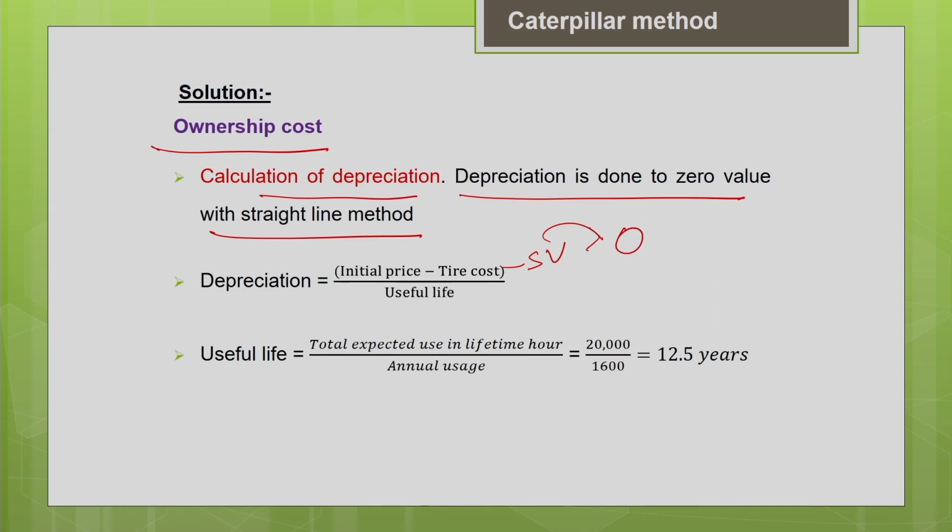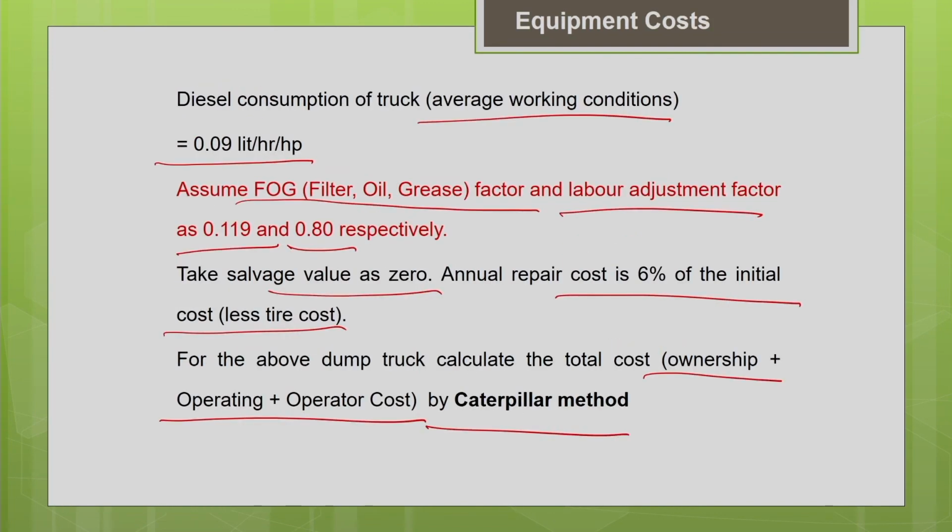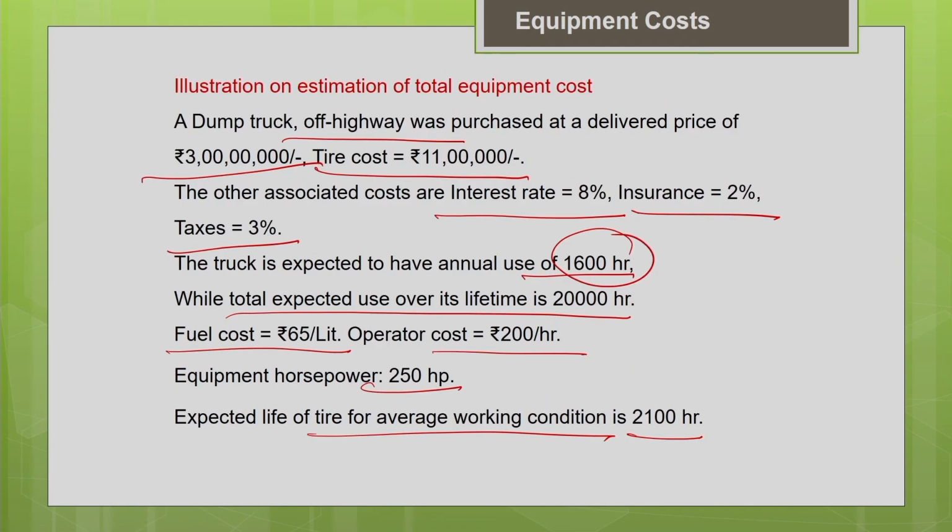How to find the useful life of the machine? They have given you the total expected use of the machine over its lifetime in the question, so you can recollect: the total expected use of the machine over its lifetime is 20,000 hours. And the annual use of the machine every year is 1600 hours.